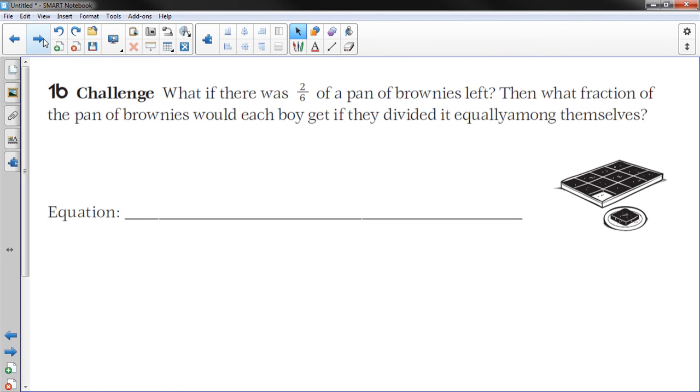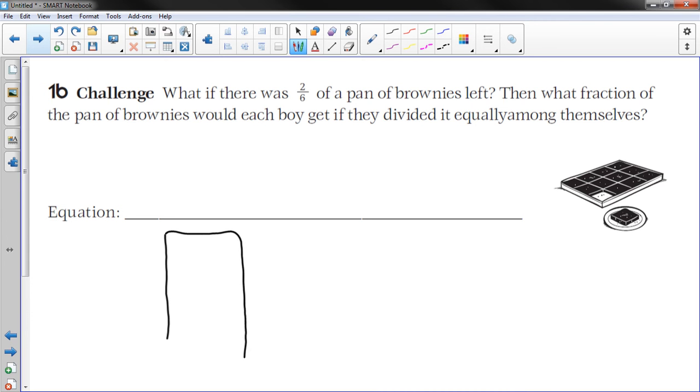Next problem. Challenge. What if there was 2/6 of a pan of brownies left? Then what fraction of the pan of brownies would each boy get if they divided it equally among themselves? Alright, so I'm just going to draw another pan of brownies. Now I'm going to break it up into 6.